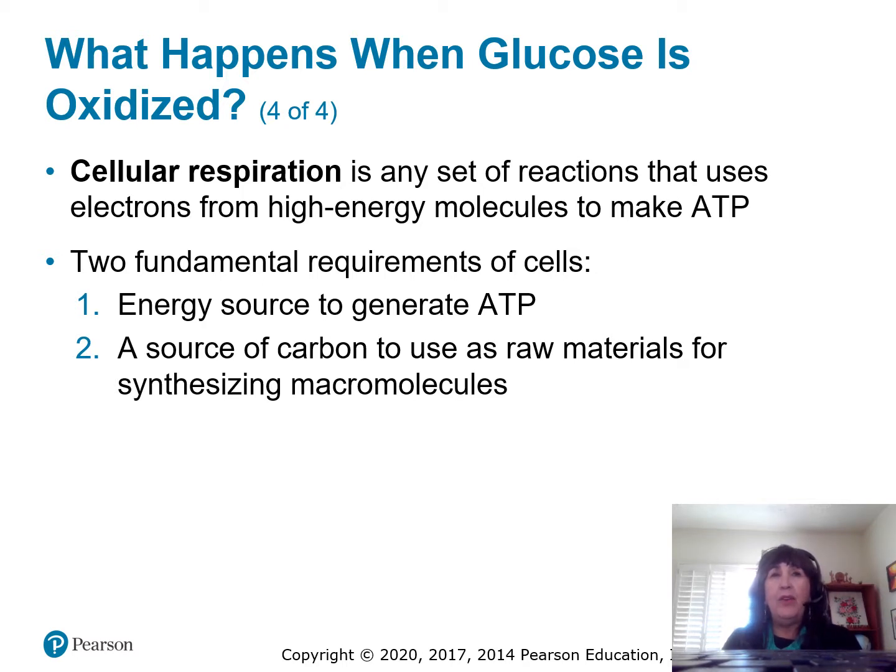Energy from glucose is used to generate ATP. Remember, we're reconnecting the phosphate group to ADP to produce ATP. So when we're eating things that have glucose in them, that material is used to make energy, and we also use those materials to make more of us.